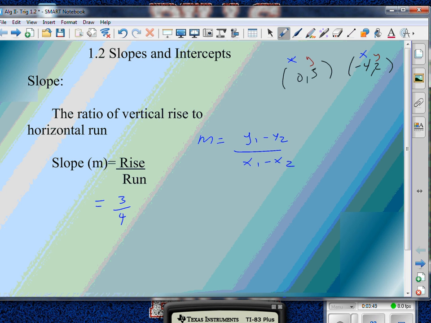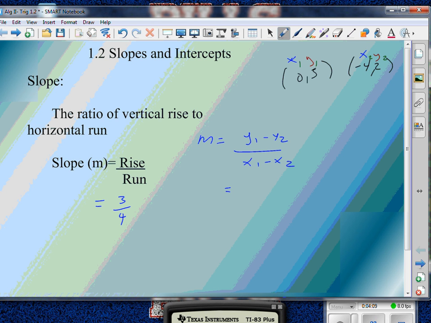Notice I just called them x, y, x, y. We need to call one of them the 1s, one of them the 2s. Most people automatically just go the first ones are 1s, the second ones are your 2s. It doesn't matter. I'm going to show you in a minute. We can flip-flop.